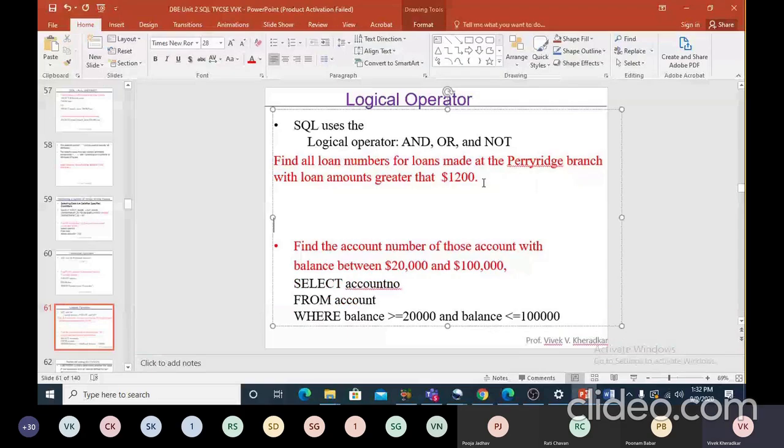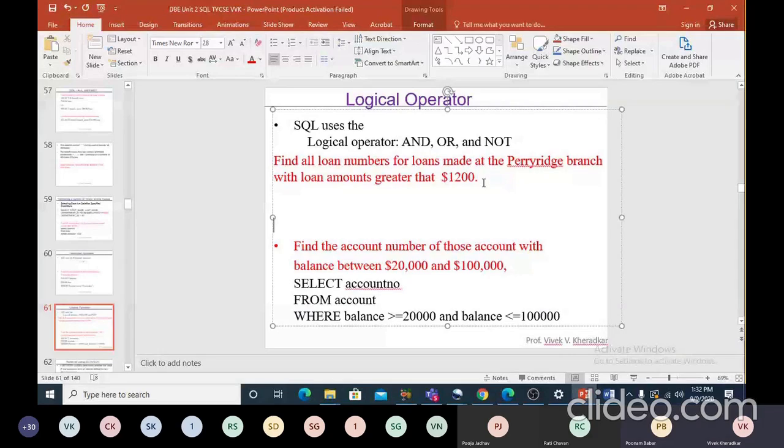Again, while thinking about the answer, first decide which table is required. Tell me which table is required. Loan. What is the reason why loan is required? Because it contains the loan number column.